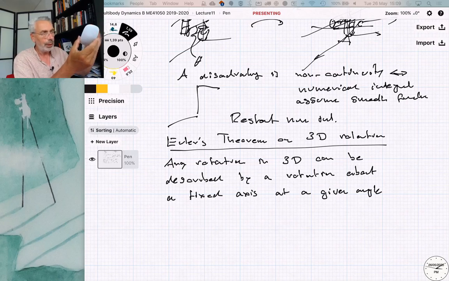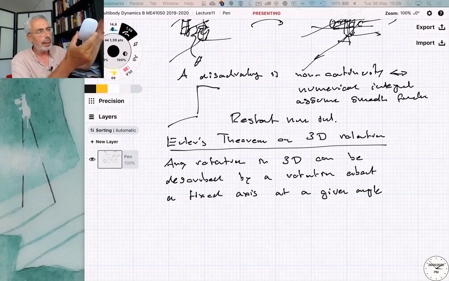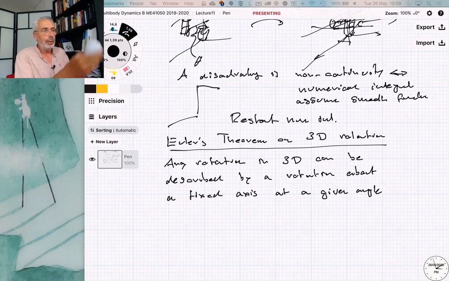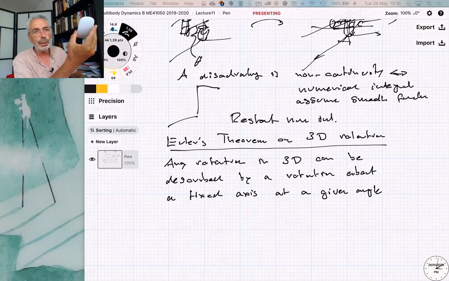There's one unique axis and angle to get it there. Don't forget the word unique. There's one set of axis and angle which got it there. So you start here, you get there. How do you get there? Well, there's one axis and one rotation to get there. There's also the opposite one, the opposite angle. So it's not just unique, but there is an axis and an angle to get there.